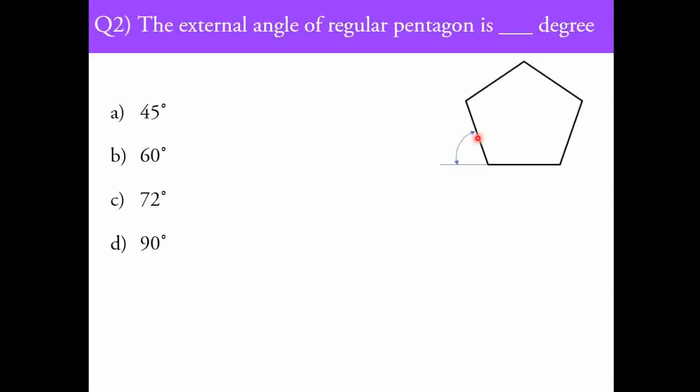The internal angle we know is 108 degree, and this complete angle is 180 degree. If you subtract 108 from 180, the remaining angle will be 72 degree.